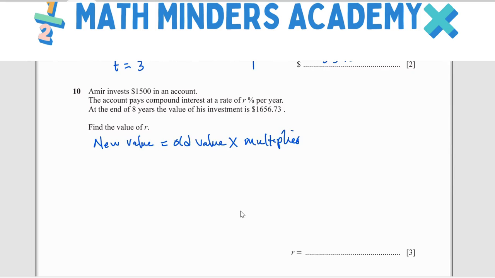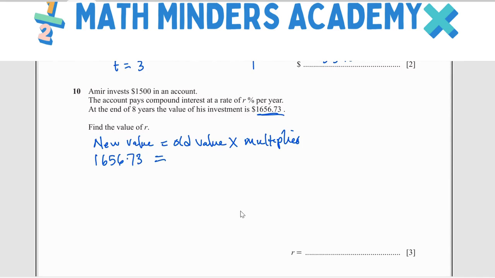Okay, he invests this in an account, and the account pays interest of R% per year. Then at the end of 8 years, this is the new value realized. So this new value, 1,656, was realized.